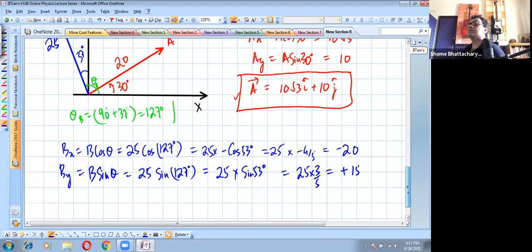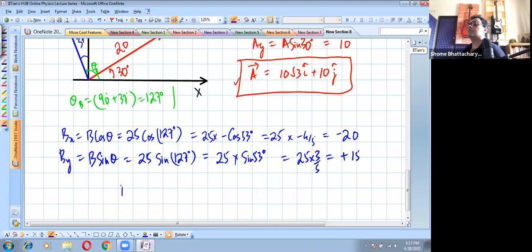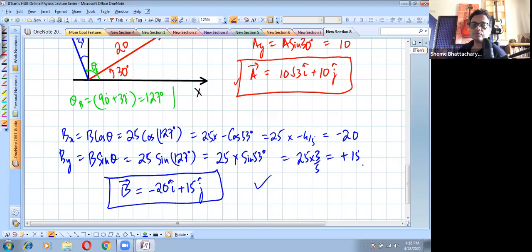So now B as a vector becomes minus 20 I cap plus 15 j cap. So that's vector B done for us. All right. Anybody come up with C as yet? Yeah. So just note this down if you haven't, and try to work out the vector C in the meantime, if you have finished this.